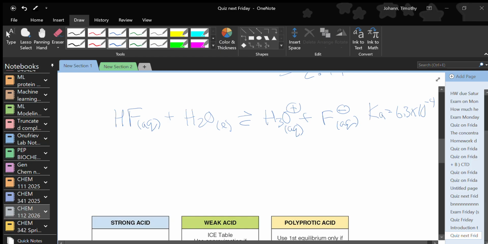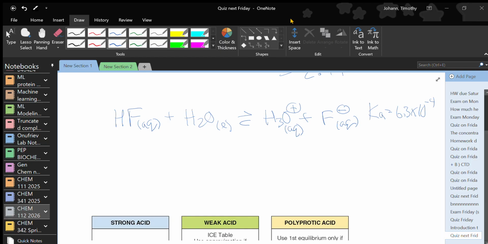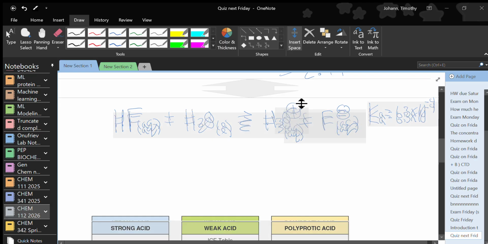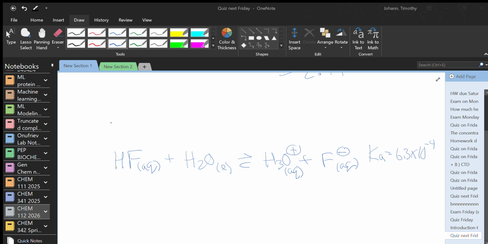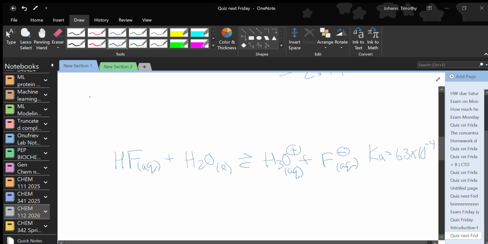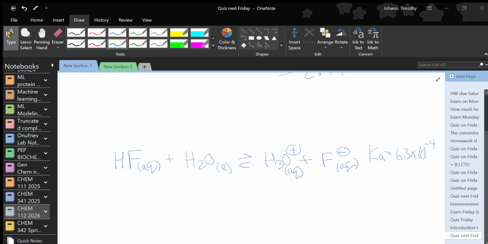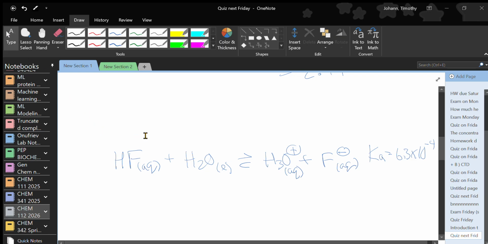And so the question here would be, actually I'll write the question up above so we can use the equation as written for our ice table. All right.